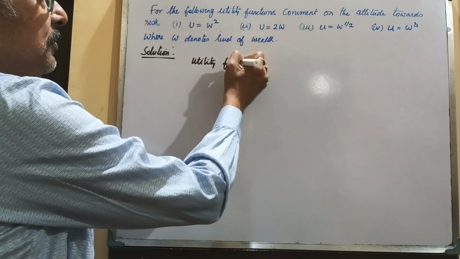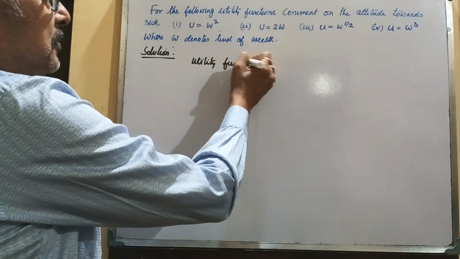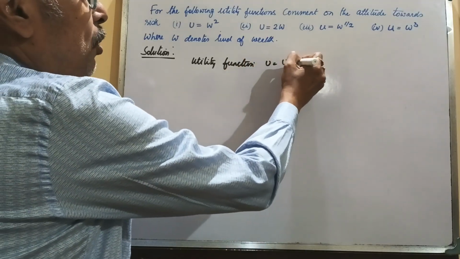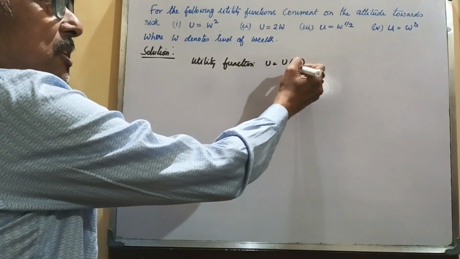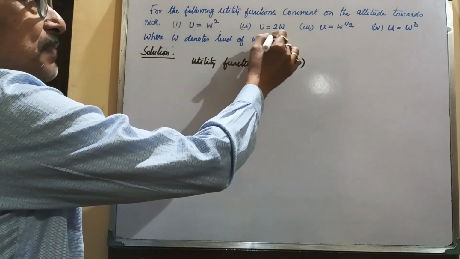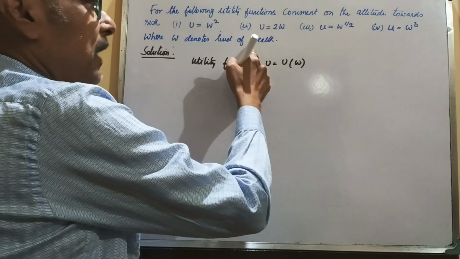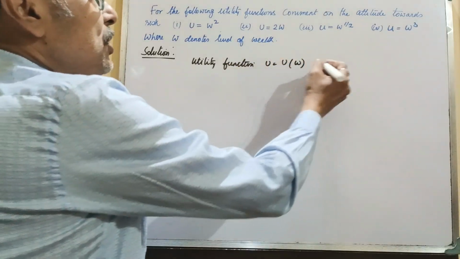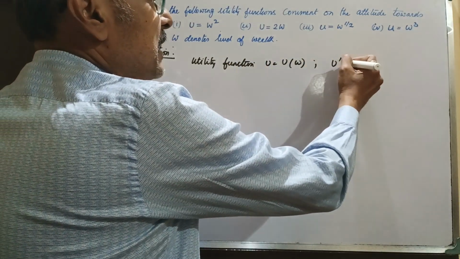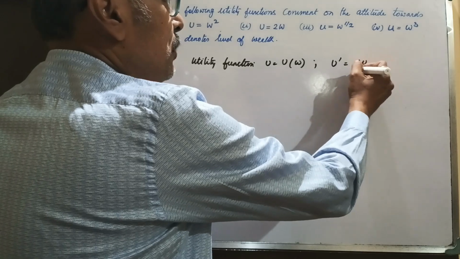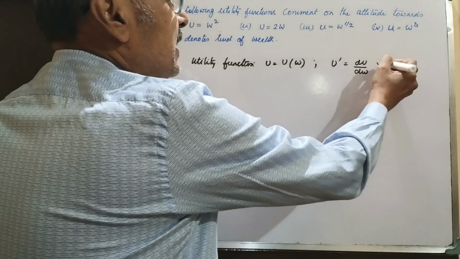Utility function u equals u of w. This is a functional form. I am not using any specific algebraic form, where w is the level of wealth. Now u prime, that is the first order derivative du/dw, is greater than 0.